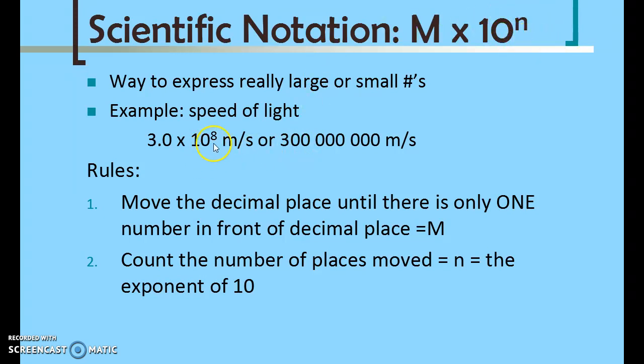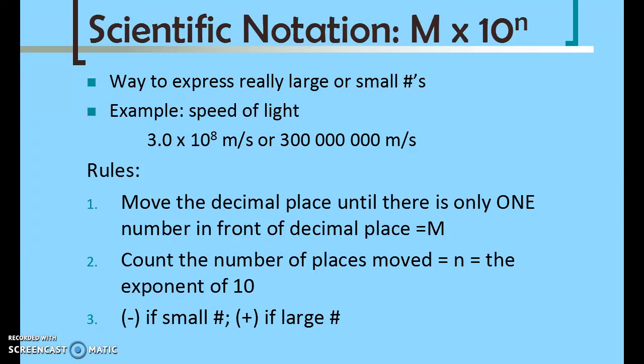And so for the speed of light, we move the decimal place 1, 2, 3, 4, 5, 6, 7, 8. And so we say 3.0 times 10 to the 8 meters per second. If the number is a small number, you use a negative in front of n.